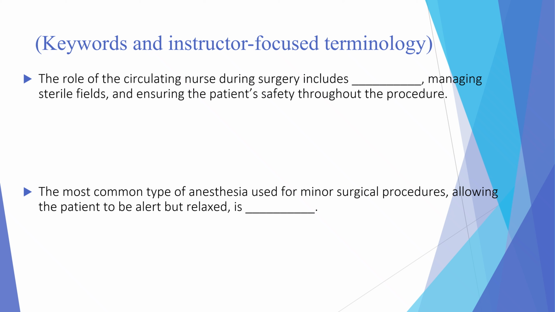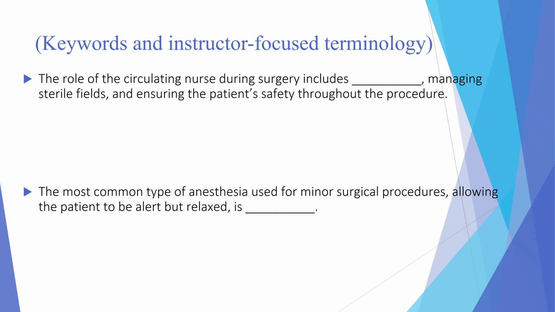Here it's like when we talked about terminology that will be in quizzes or the final. The role of the circulating nurse during surgery includes managing sterile fields and ensuring patient safety throughout the procedure.